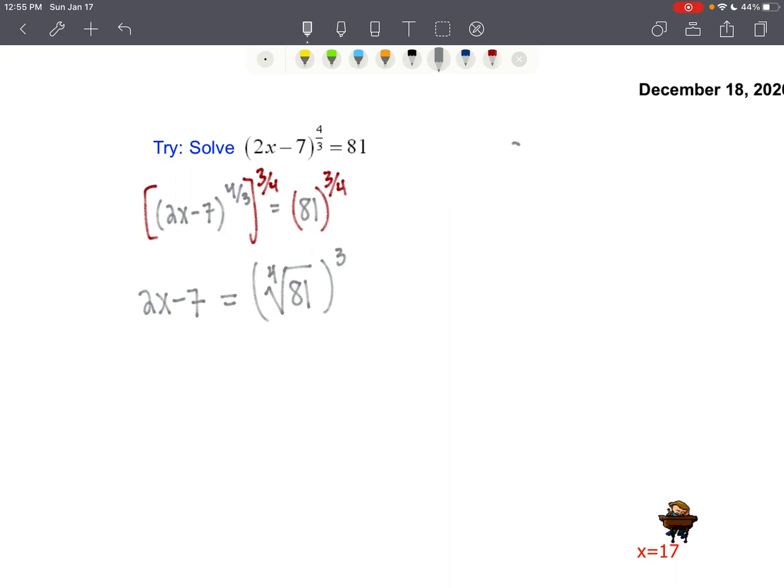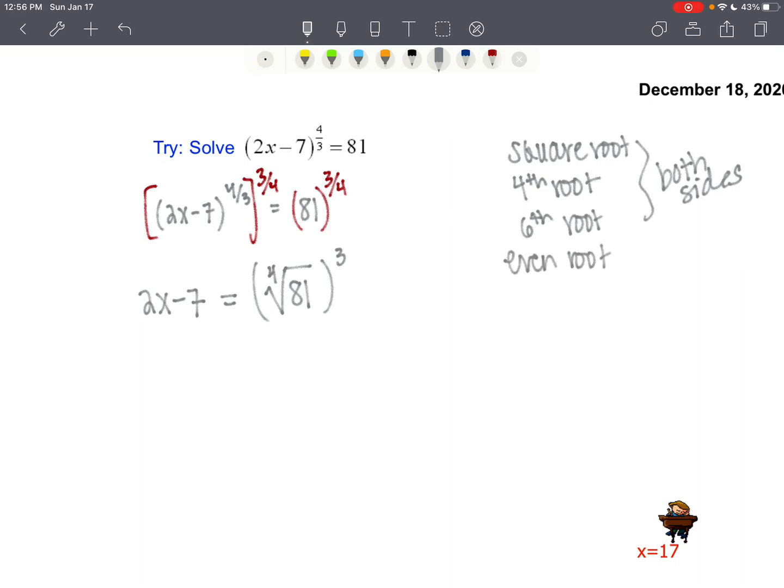However, when you square root both sides, 4th root both sides, 6th root both sides, even root both sides, remember the plus or minus.